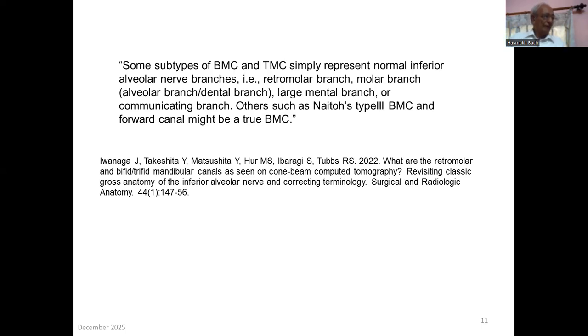Some subtypes of bifid mandibular canal and trifid mandibular canal simply represent normal inferior alveolar nerve branches, like the retromolar branch, molar branch, alveolar branch or dental branch, large mental branch, or a communicating branch.